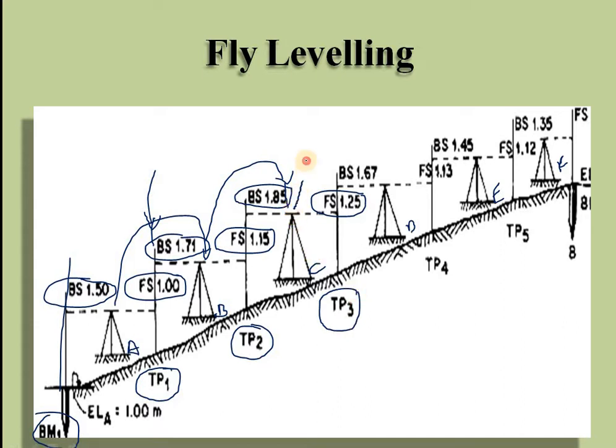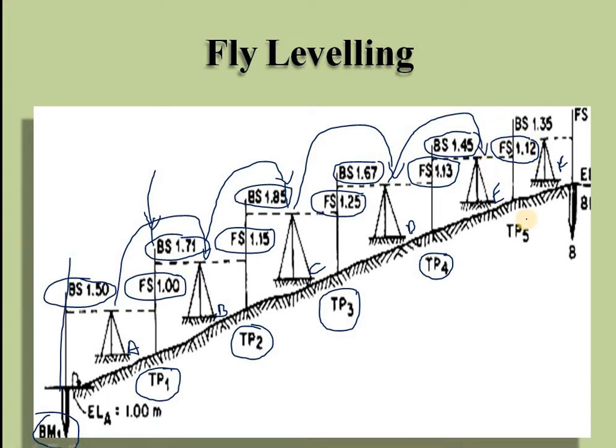Again from point C, the instrument will be shifted to point D. At point D we observe the backsight is 1.67. Again rotating the instrument, we get the foresight is 1.13. Again shifting the instrument from point D to point E, we observe similarly turning point 4, and BS is 1.45 and FS is 1.12.